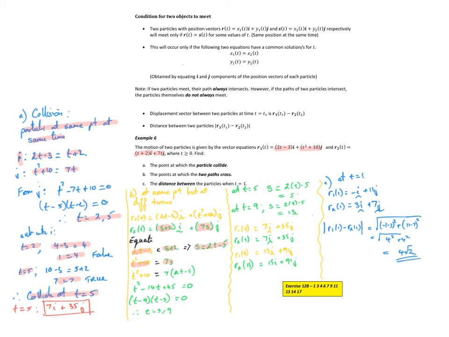If I rearrange that top line, I get s equals 2t minus 5, substitute that in, and I get t is equal to 5 and 9. So what that tells me is that at t equal to 5, particle 1 crosses particle 2. And at t equal to 9, particle 1 crosses particle 2.